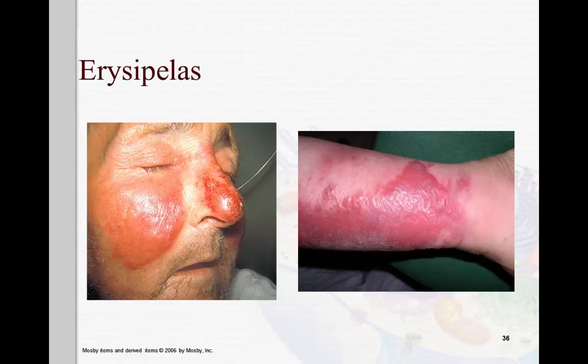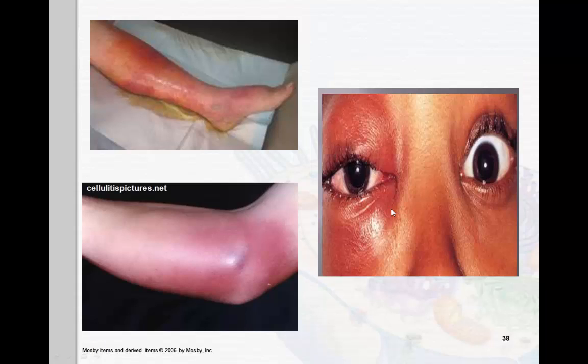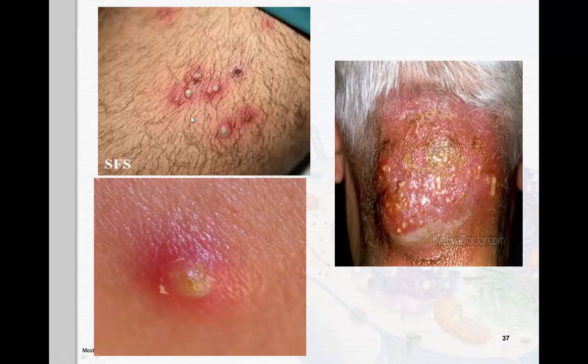If you look at the pictures, this is erysipelas. Let's talk about cellulitis. Cellulitis could also occur anywhere, most likely unilateral, but it could be bilateral, in the elbow, in the leg, or orbital cellulitis in the face. Okay, this is folliculitis, individually one by one.